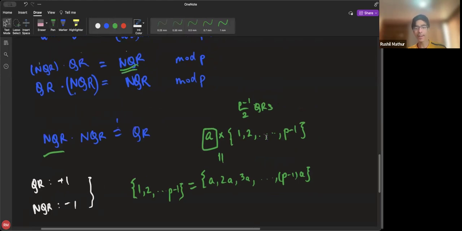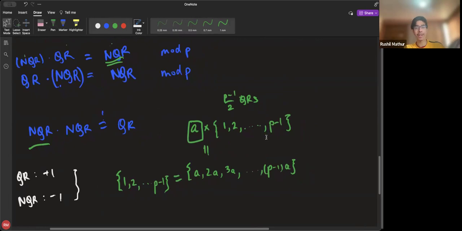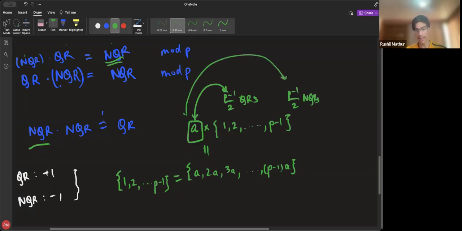So you can think of this 1 to p minus 1 as (p minus 1)/2 QRs and (p minus 1)/2 NQRs. So this leads to (p minus 1)/2 NQRs, and then you're left with these numbers. But the final set is supposed to have exactly (p minus 1)/2 NQRs. So everything else that we have not evaluated so far must be a QR.